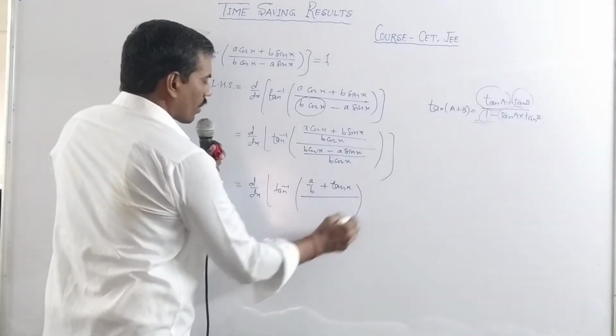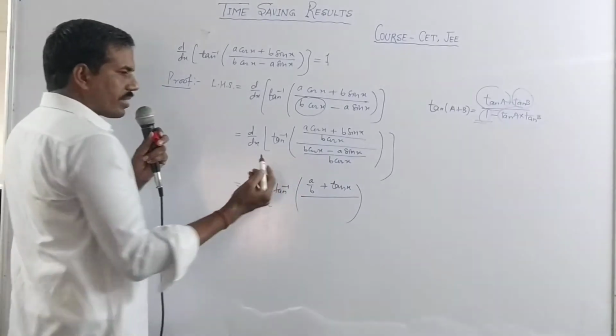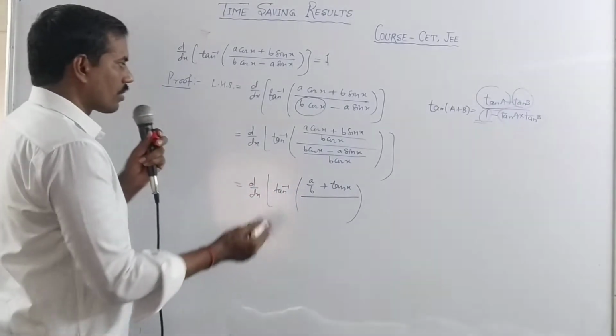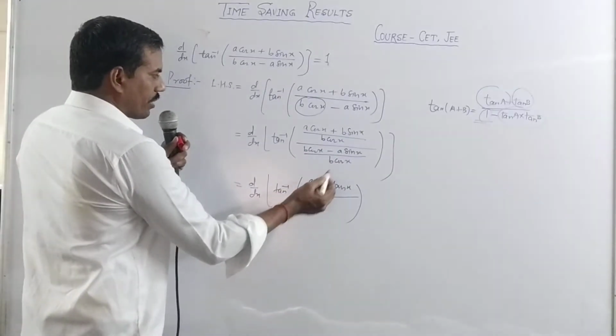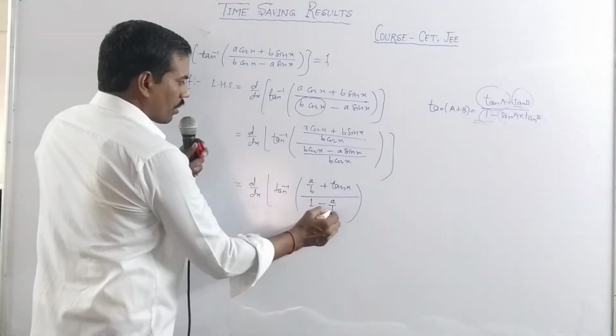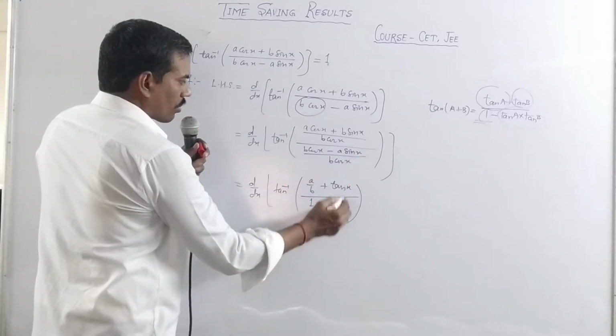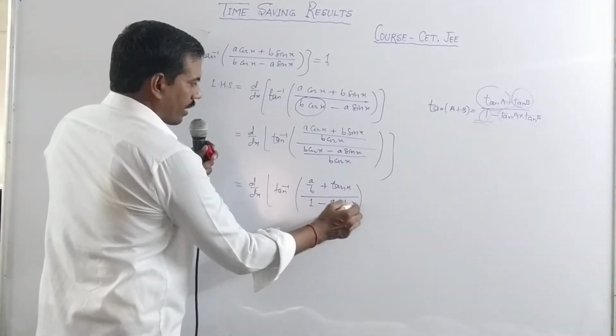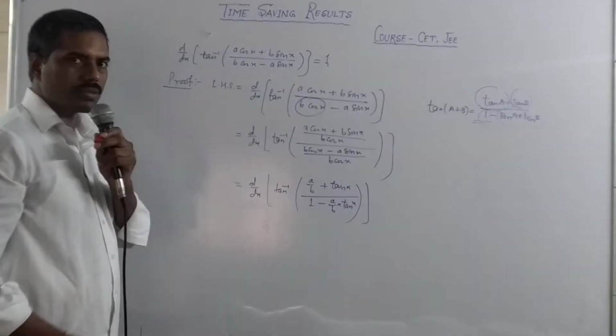Whole divided by, when b cos x is distributed with both terms, b cos x divided by b cos x, which is 1, minus a by b into sin x upon cos x, which is tan x. Okay, students, any problem?